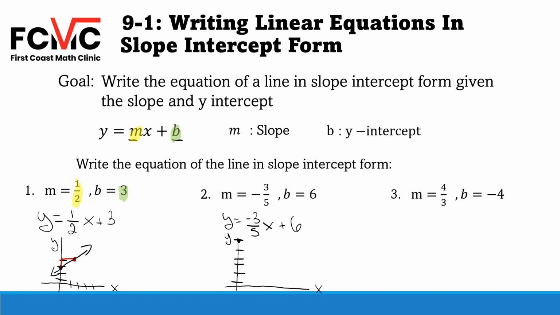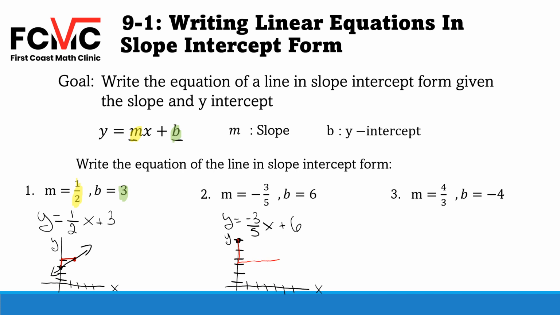I'll start at 6 on the y-axis. I'll do this in red so it's easy to see. So we're starting at 6. Slope is -3/5, so I'm going to go down 3. 1, 2, 3. Go over 5. 1, 2, 3, 4, 5.